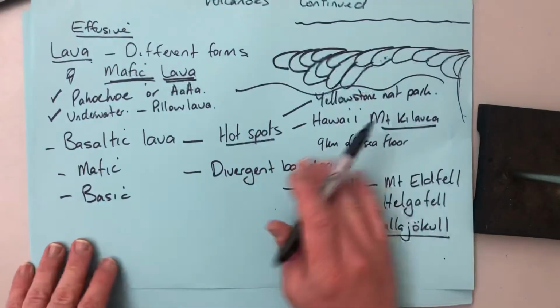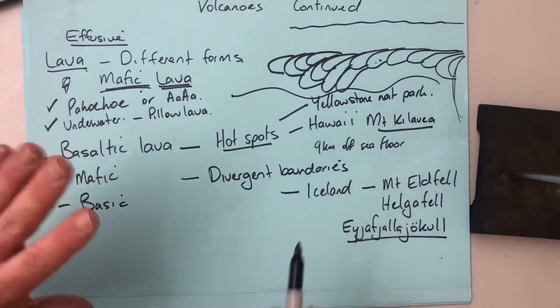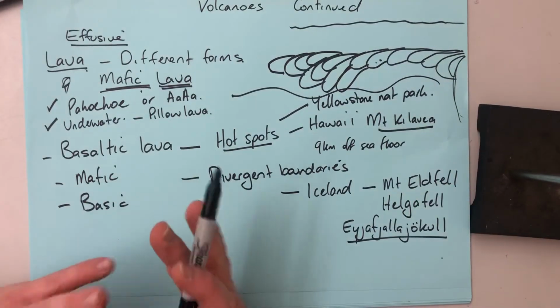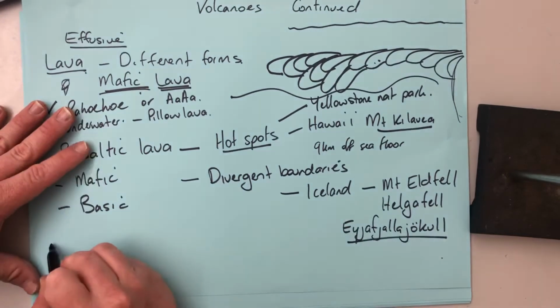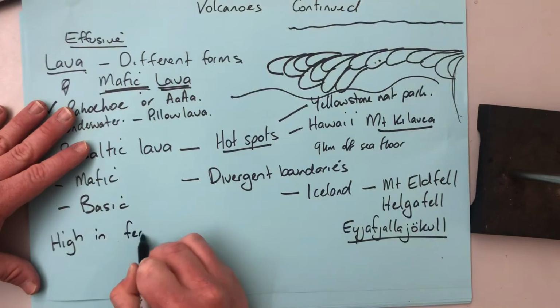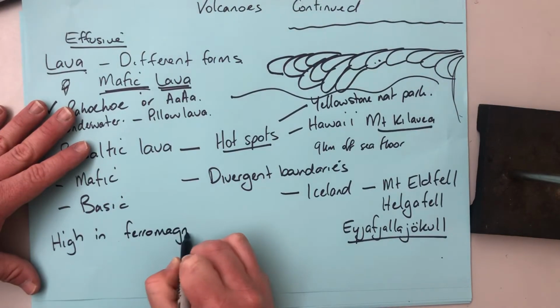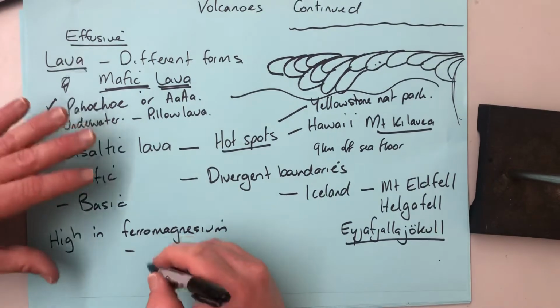lava. Actually, before I do, I will say one thing about basaltic and mafic lava. It has a very high ferromagnesium amount. So it's high in ferromagnesium or metals.